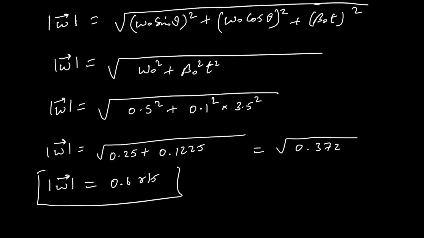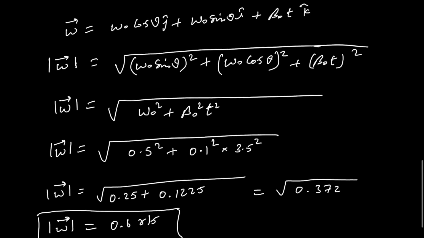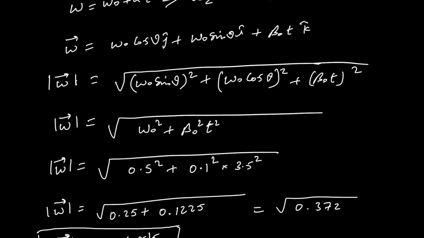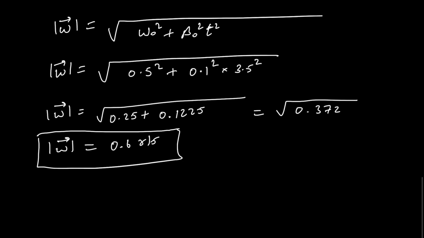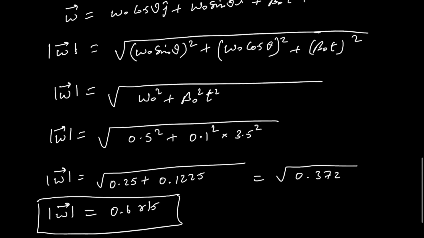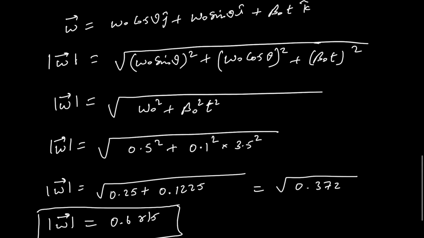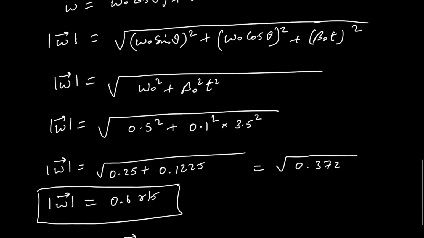Okay, so now moving towards the angular acceleration part. Now we have to find the angular acceleration of this body as well. So we know that angular acceleration is defined as d omega by dt. Now omega we have already found in the form of a vector. So we will simply put this value of omega and differentiate it.